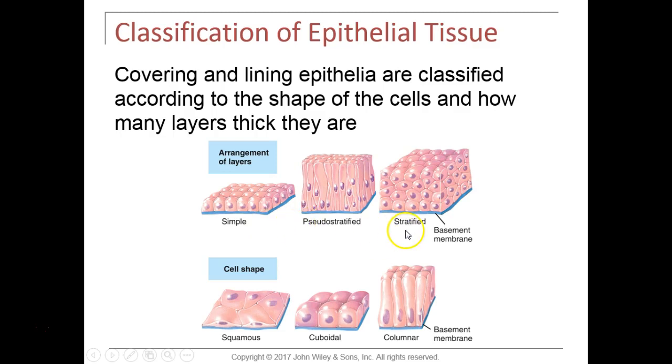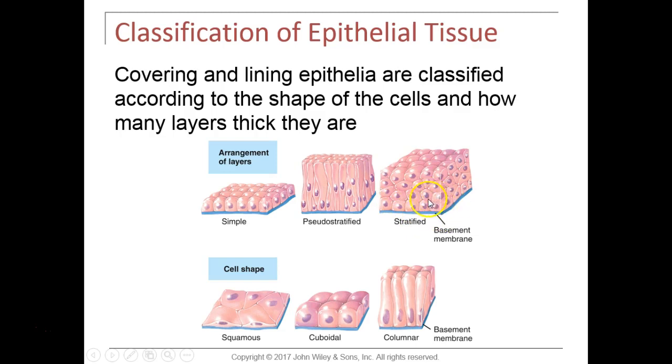However, if we have an epithelium that is made up of multiple layers or rows of cells, like in the picture over here, not all cells touch the basement membrane. So only the cells at the very bottom layer touch the basement membrane.